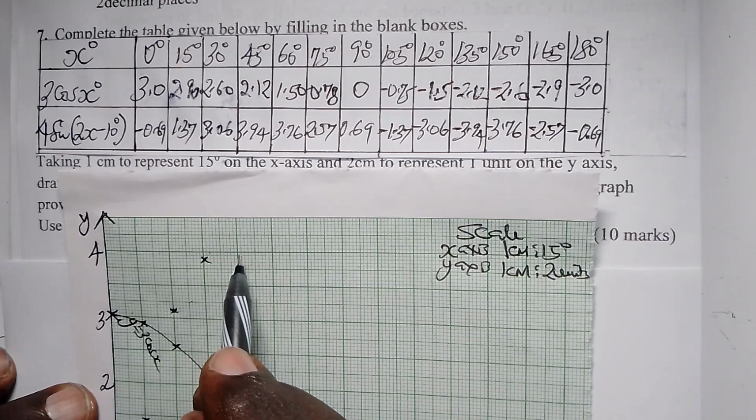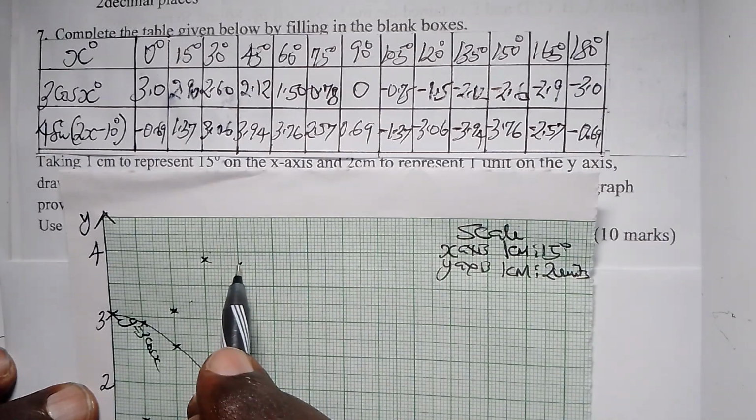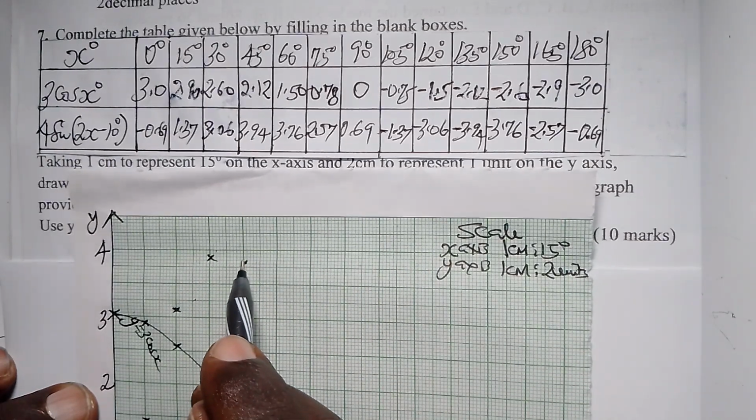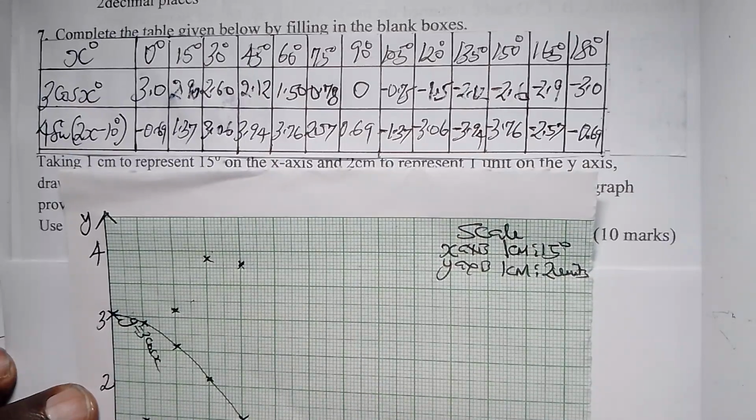Yes, 3.8 will be 4 small squares below 4. Put your mark there.